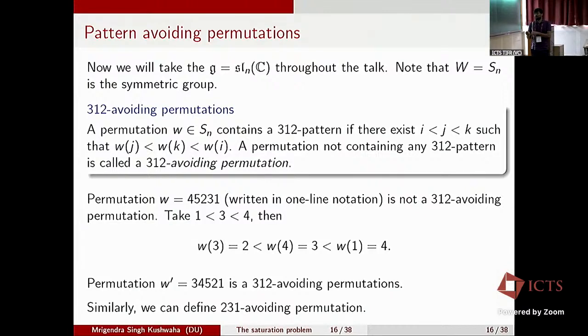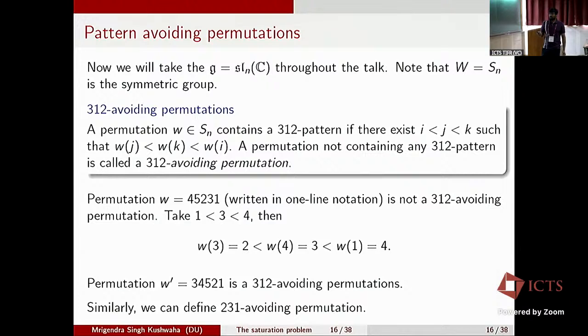A permutation W in S_n is said to contain a 312 pattern if there exist indices i less than j less than k such that W_j is less than W_k is less than W_i. A permutation not containing any 312 pattern is called 312 avoiding.